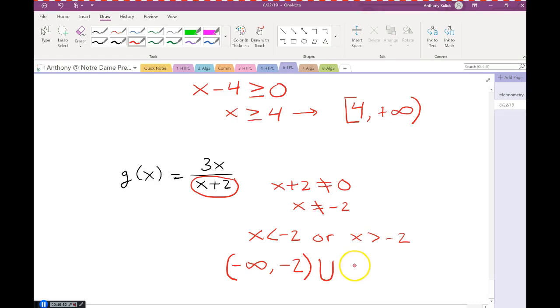And the next interval, the lower bound is negative 2. And the upper bound is positive infinity. The negative 2 gets a parenthesis because it's a strict greater than. And the infinity always gets a parenthesis. Is everybody okay with that idea? Okay.